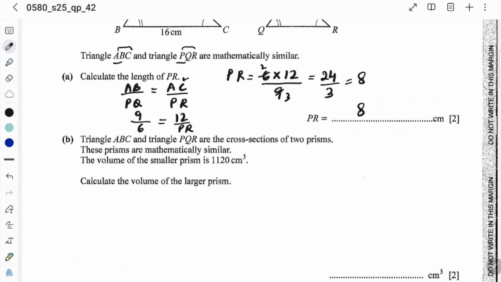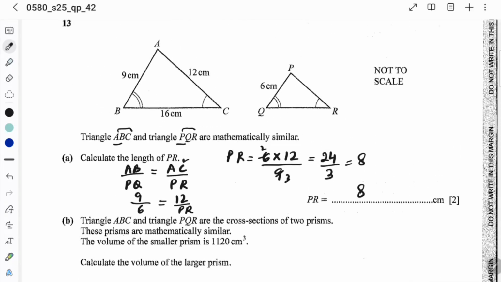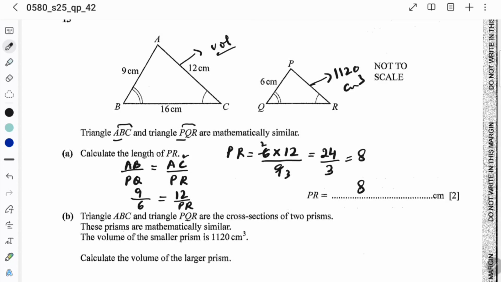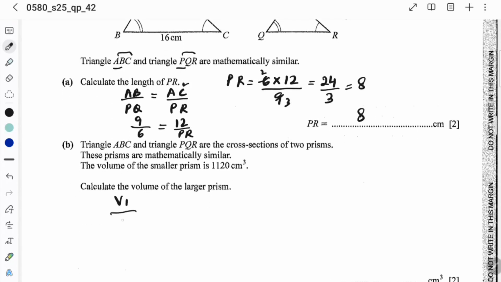Alright, so triangle ABC and triangle PQR are the cross section of the two prisms. These prisms are mathematically similar. The volume of the smaller prism is 1120 centimeter cube. Find out the volume of this one. Okay, so V1 upon V2 is equal to L1 upon L2 whole cube.